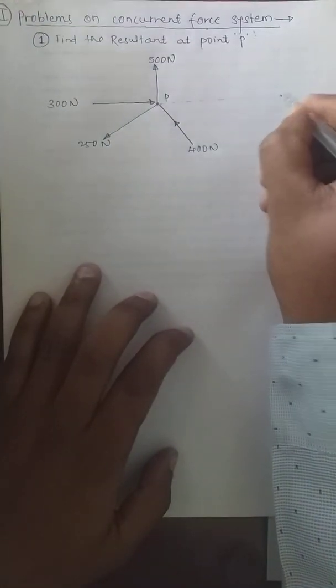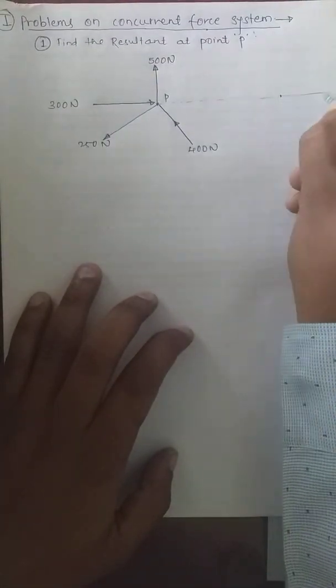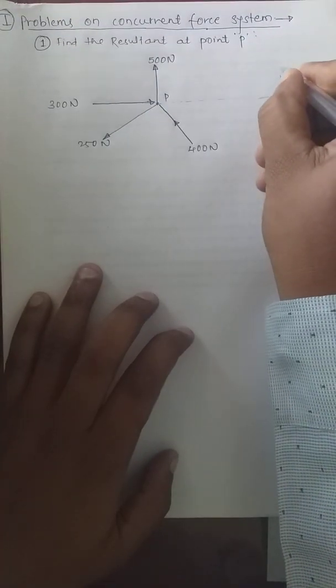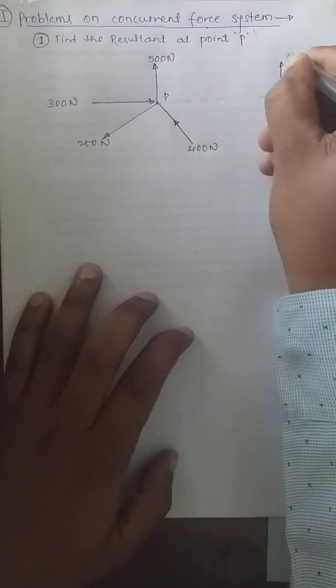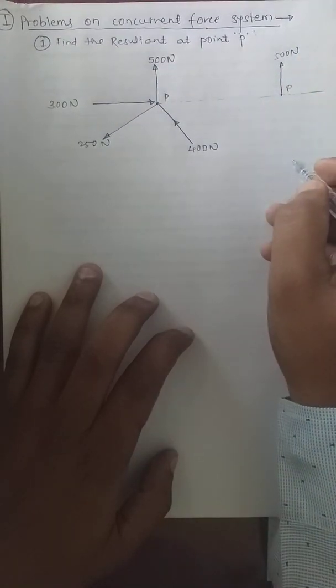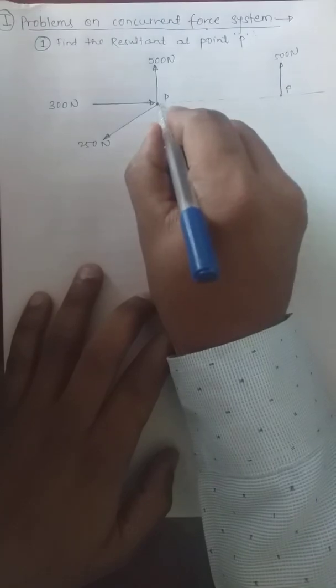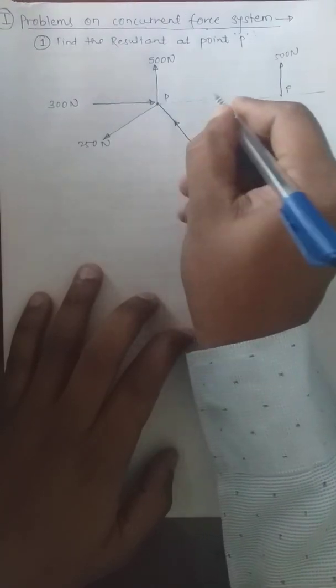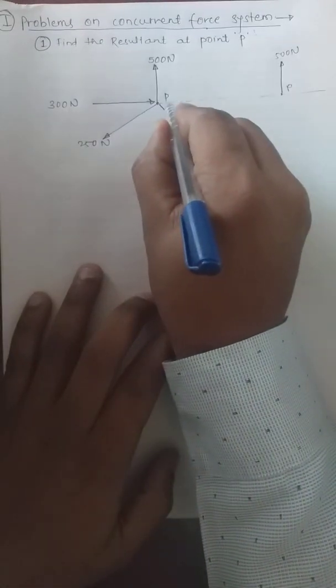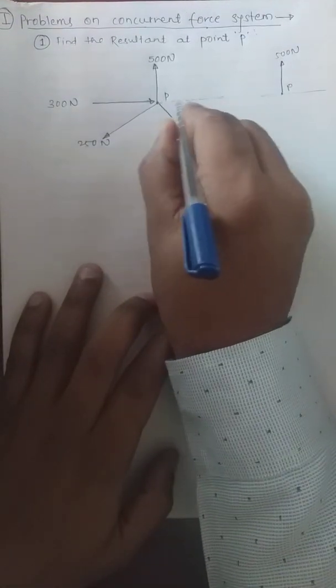Let's say there is a point P. The 500 Newton force is exactly vertical, that is on the y-axis, so 500 Newton. The 300 Newton force we can shift as per the principle of transmissibility of force, which means this force can be shifted along its line of action.